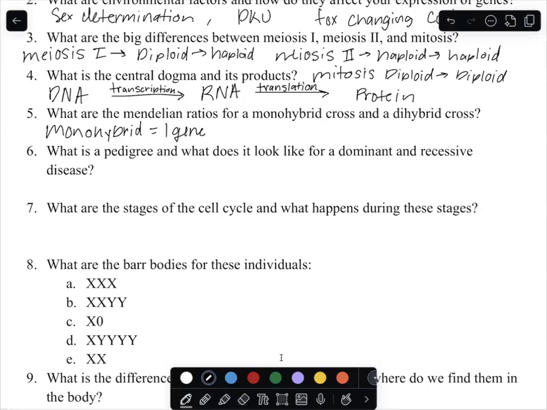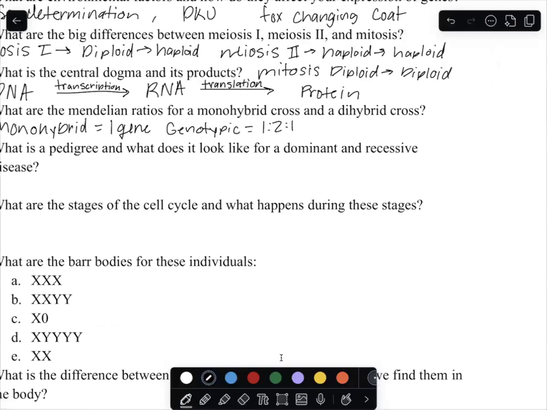So I'm gonna do genotypic first. Genotypically, it's 1 to 2 to 1. So phenotypic is gonna be 3 to 1.